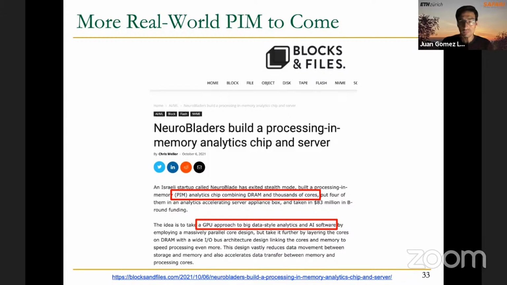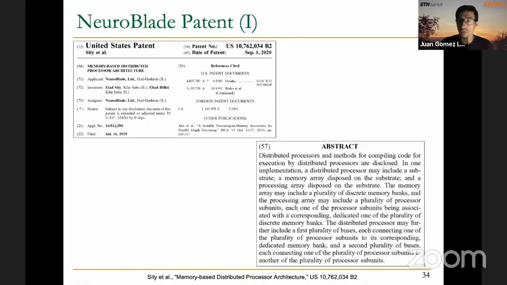And according to their website and the information that I found in this piece of news, it's an architecture intended to optimize the execution of AI software and also data analytics. So it's for sure a very promising architecture as well. As I said, there is not much information that I could find, but one thing that I found is this patent.